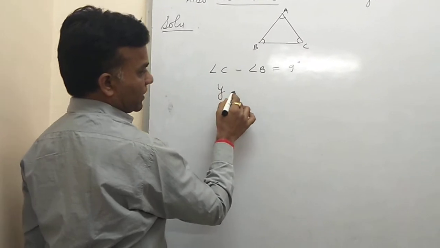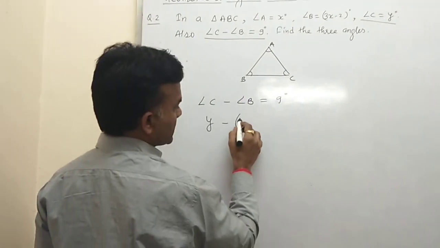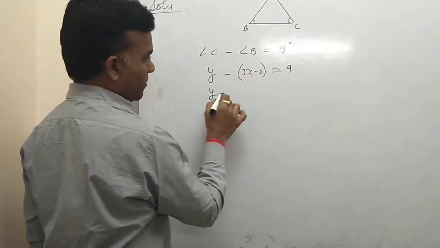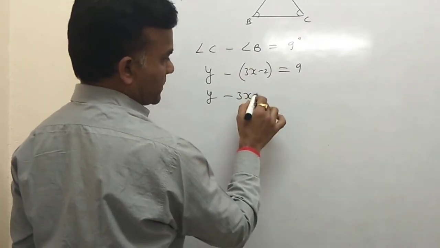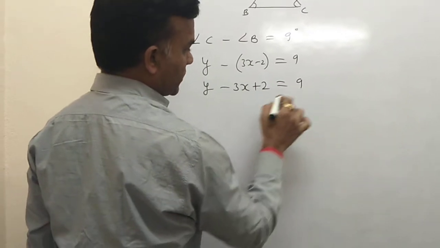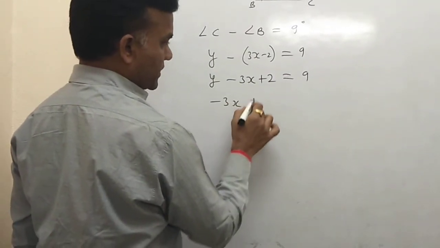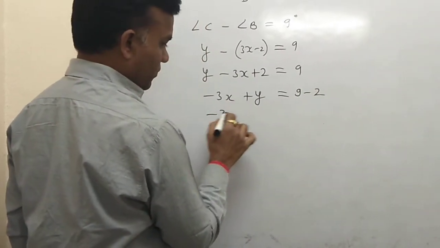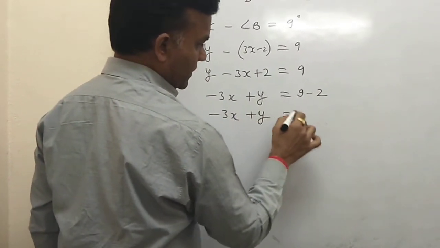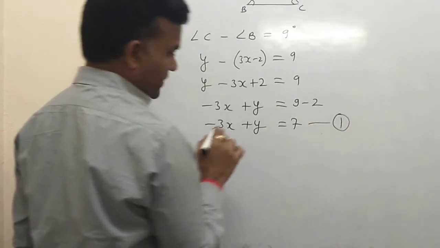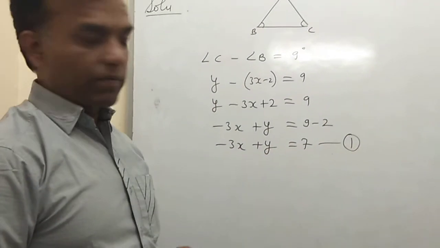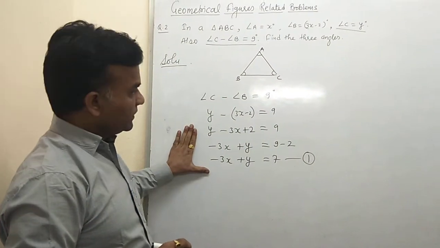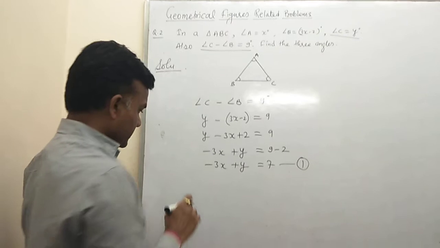So you add y here minus angle B, that is 3x minus 2, and equal to 9. So y minus 3x, and now this minus minus plus 2 equal to 9. So you write down minus 3x plus y equal to 9 minus 2. So your first equation is now framed. So first equation is minus 3x plus y equal to 7. Okay, so by the given condition the first equation is now framed.